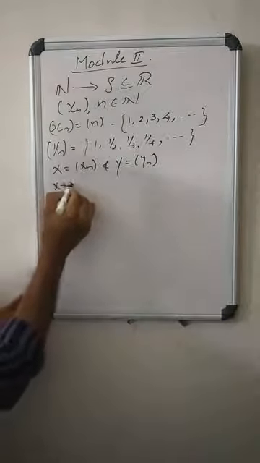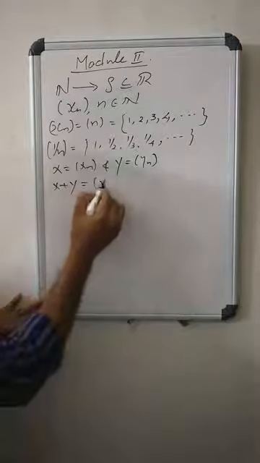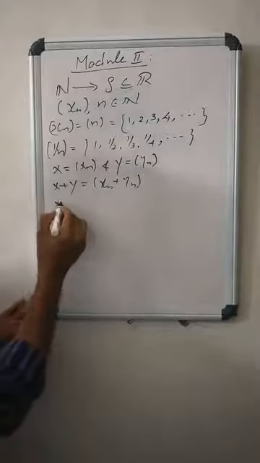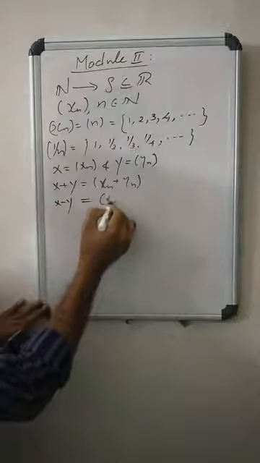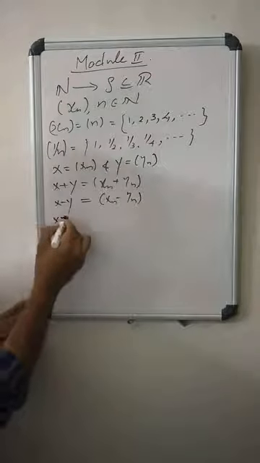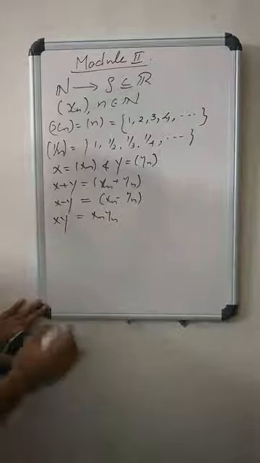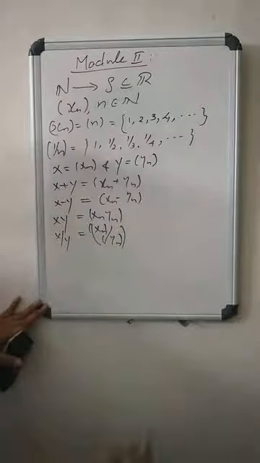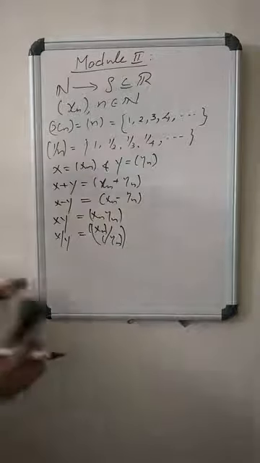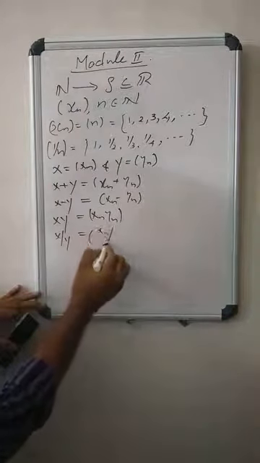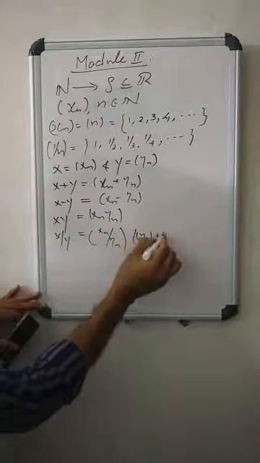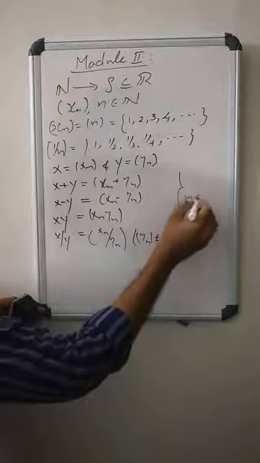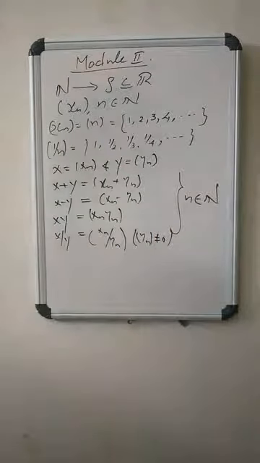Then x plus y is the sequence xn plus yn. x minus y is the sequence xn minus yn. xy is the sequence xn into yn. x by y is the sequence xn by yn, with yn differing from 0, for all n in N. In all of these cases n is a natural number. So these are the properties of sequences.